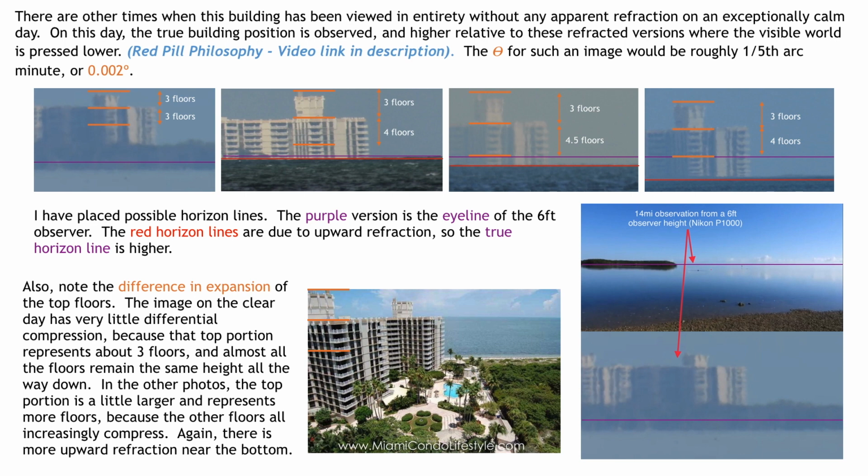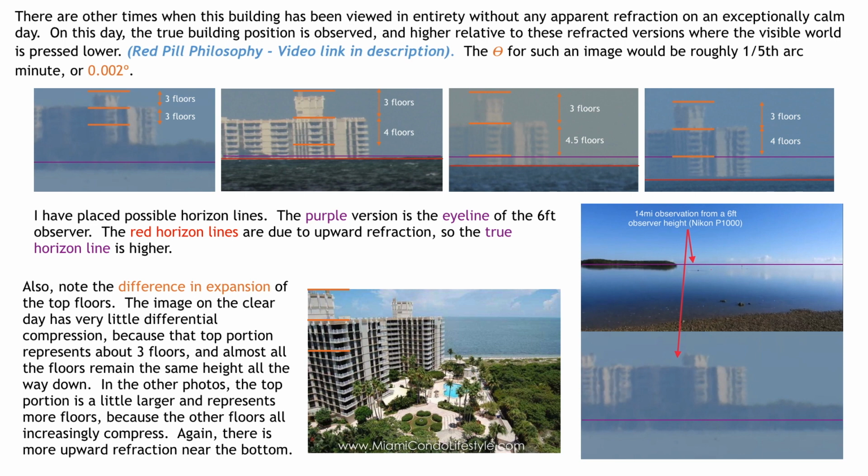And so what you see is, and I've standardized the purple lines with another method, which I'll show in the next slide, but that's essentially the true eye line of this observer versus what is seen in red, which is the apparent horizon line, which has been pushed lower and lower on these different days. And again, that is an example of that gradual linear upward refraction where the entire visible world is brought lower.